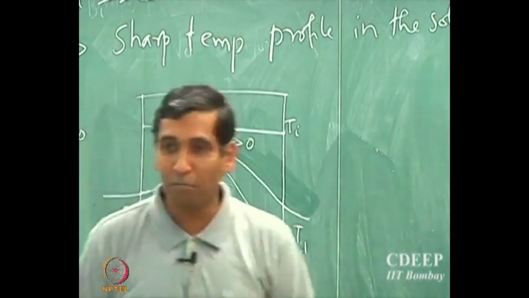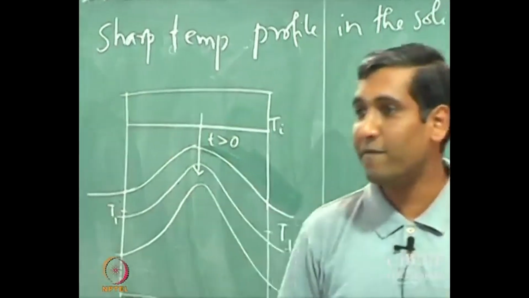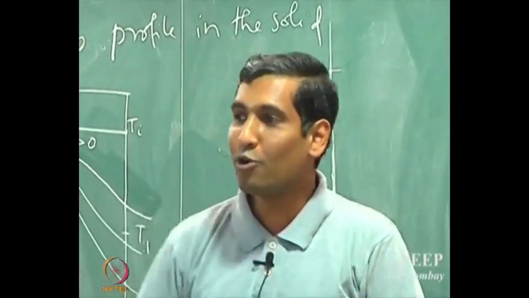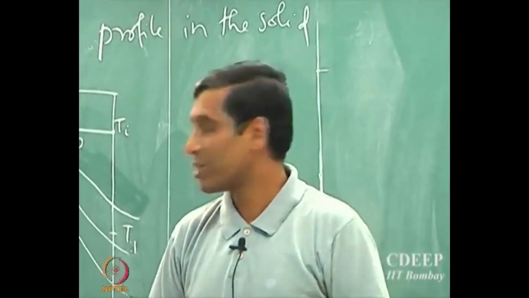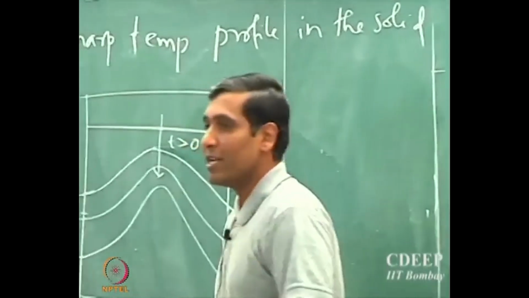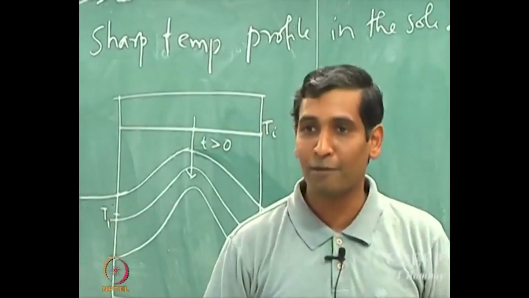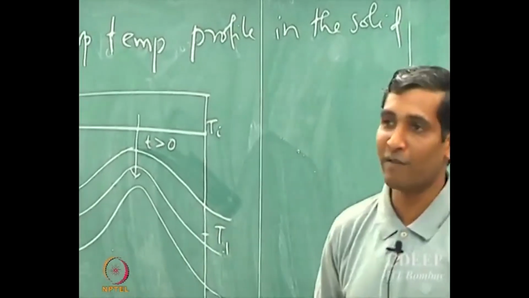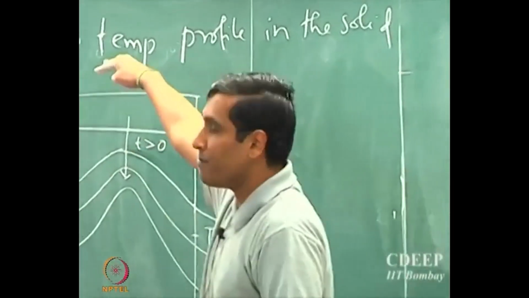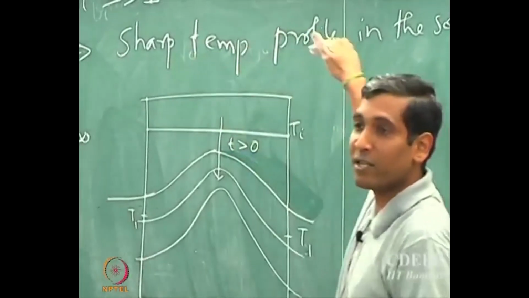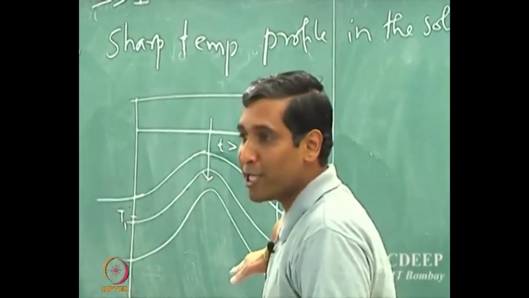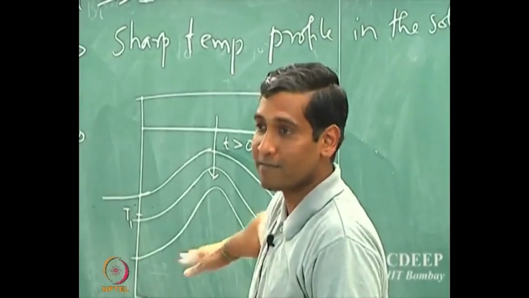Of course, you will have to write model equations and solve them, but if you don't know what the model equation is going to give, you don't know whether the solution is right. So it's very important to be able to get an approximate sketch of the temperature profile even before solving the equations. And using dimensionless quantities and such resistance arguments actually helps you to come up with the approximate temperature profile.